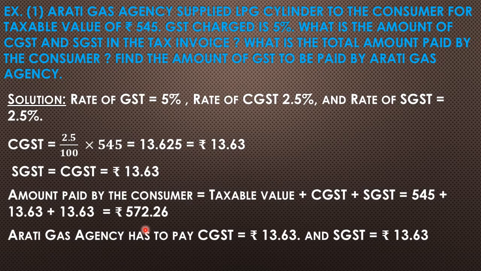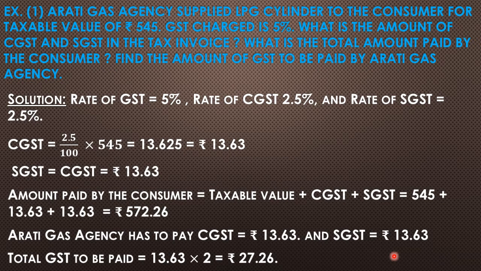Finally, the Aarti Gas Agency has to pay CGST equal to 13.63 and SGST equal to 13.63. So the total GST to be paid is 13.63 into 2, that is 27.26 rupees.